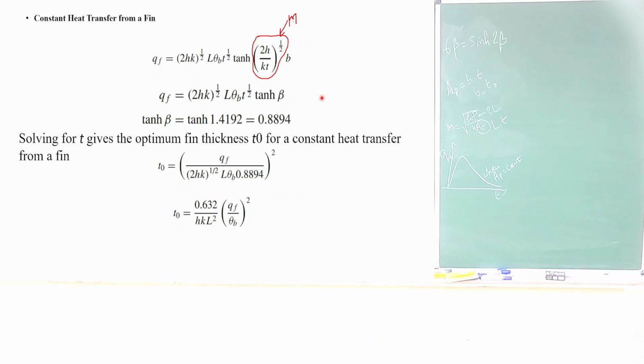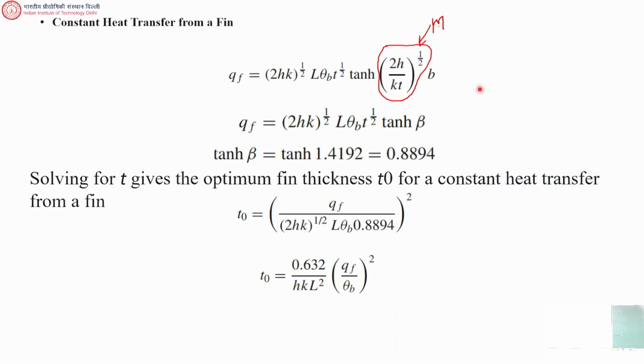Now, this QF expression is which expression? This is the first expression or the second expression? First expression. So this is the expression where we have just assumed a thin fin. We have not done anything else to this expression. Correct? And then we say that QF is equal to this.